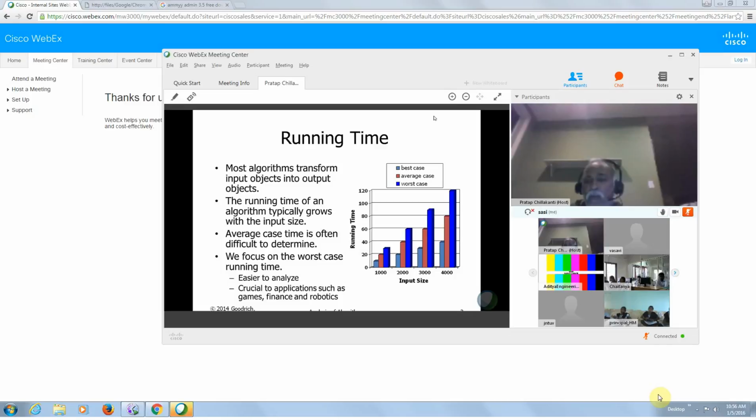This is not a formal theorem type class, so you need to put it in perspective. What we do typically in design and analysis of algorithms is focus on the worst case and the best case. Why is average case time difficult to determine?